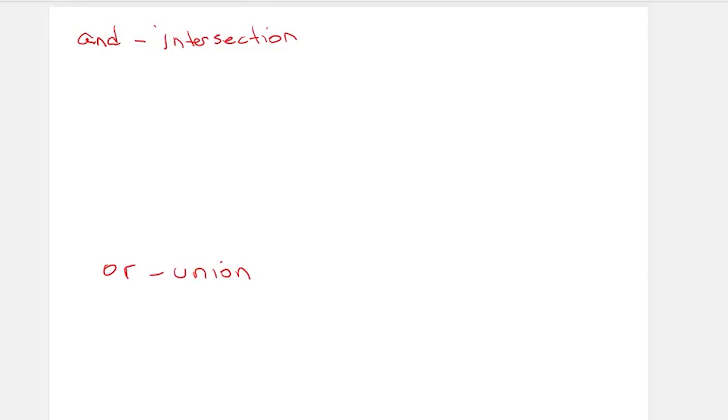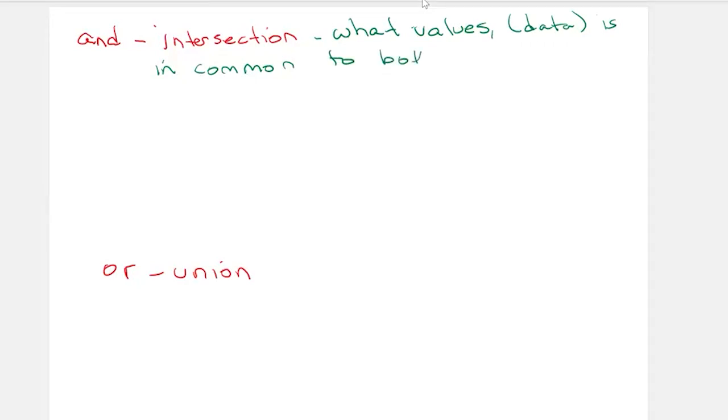If you don't, what does the intersection mean? The intersection means, for math, what values, or you can say data, whatever you like, is in common to both sets of data.